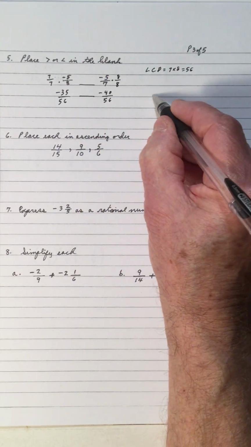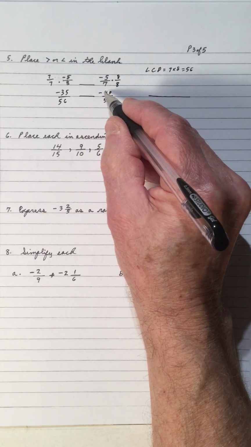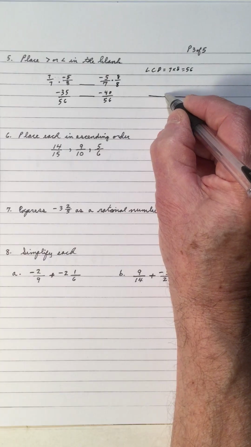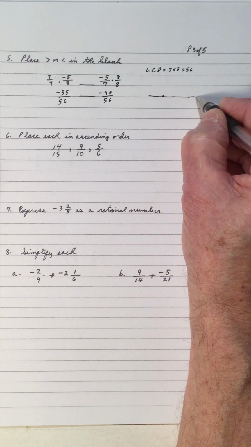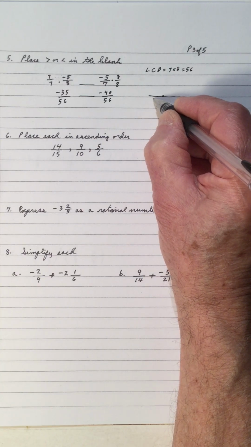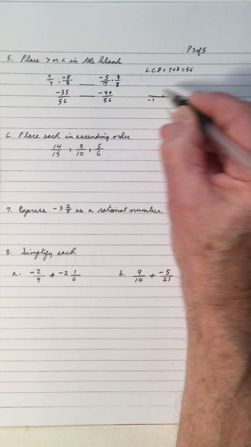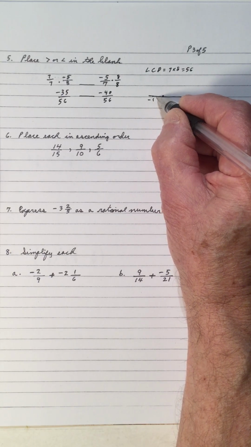If you draw a number line, both of them are over 56. Let's say this is 0 and this is negative 1 right here. Negative 40 is further to the left.